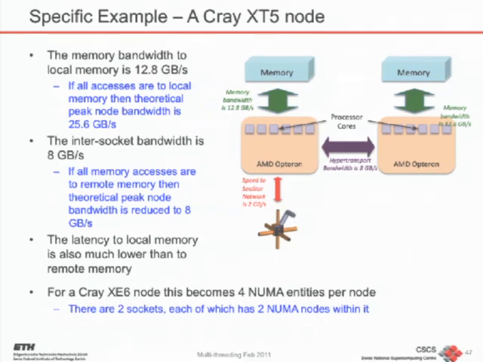You get lower clock speeds and so on because there's a lot more circuitry there. And they've tried to put some more HyperTransport in, really beef up the communication on the socket as well as being able to go off. But effectively now it's not only 2 nodes we have to look at, it's 4 of these NUMA entities. 2 sockets, each with 2 NUMA nodes.